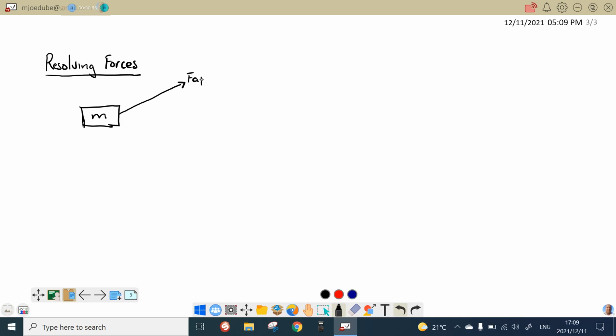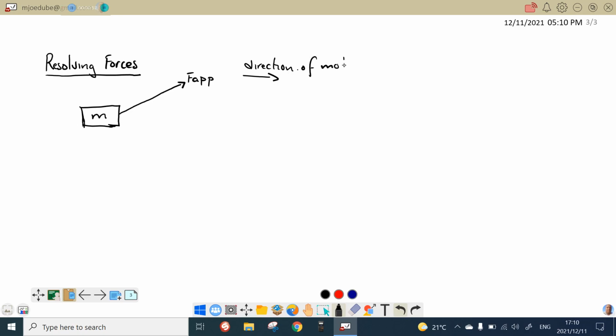which we shall call the applied force. That applied force pulls the object so that it moves along the horizontal plane to the right, as its direction of motion.